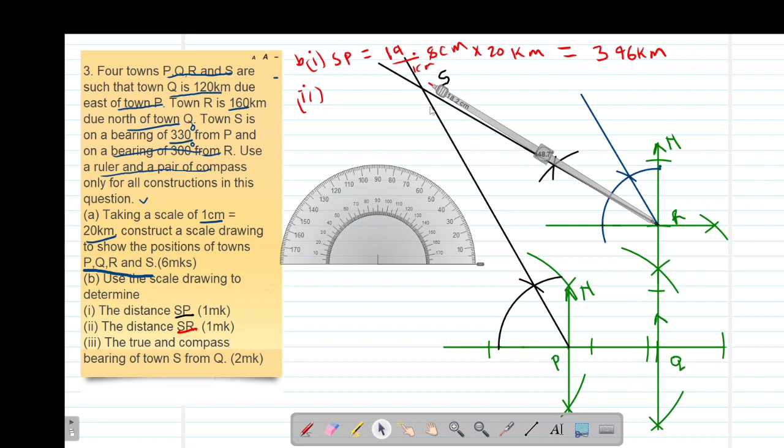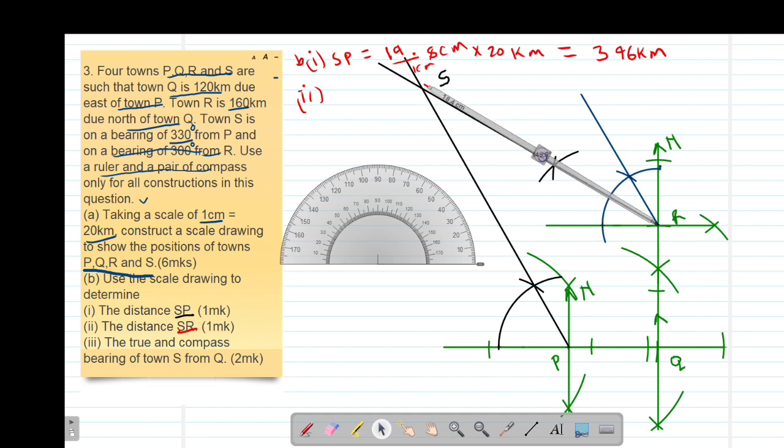So this is my point S. It's slightly below that. Point S should be around this point here. Yeah, so that is my point S. So I think it's supposed to be 18.3 or 0.4. Should be around 18.4.